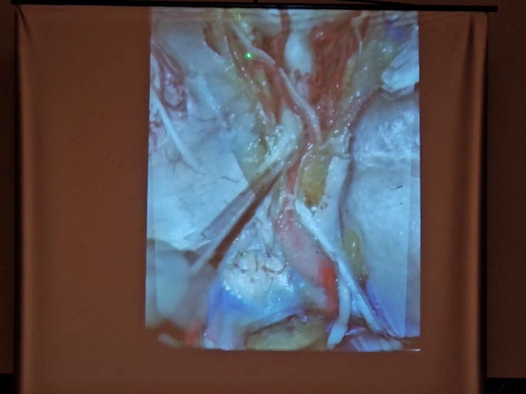And the last part is the part where the artery runs medially in the orbit and follows the medial muscular wall with the nasociliary nerve.